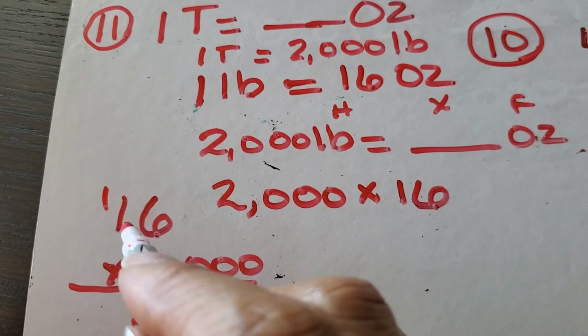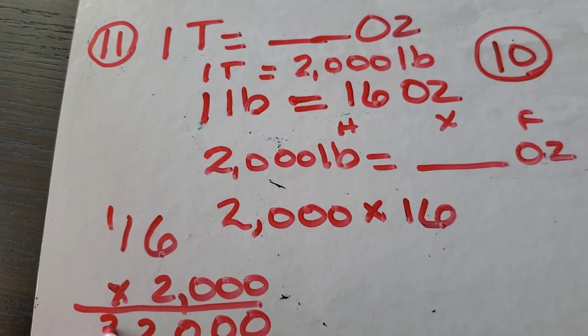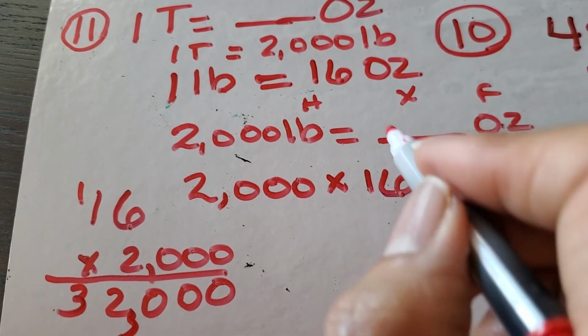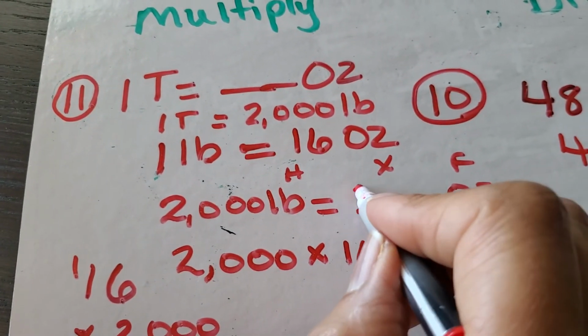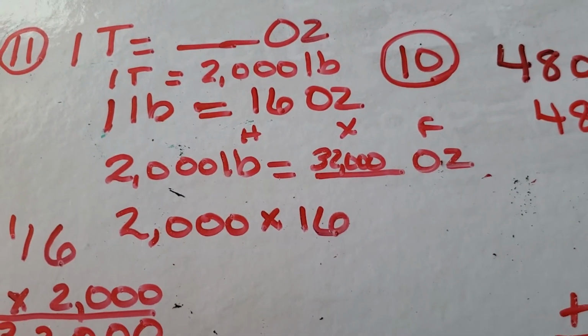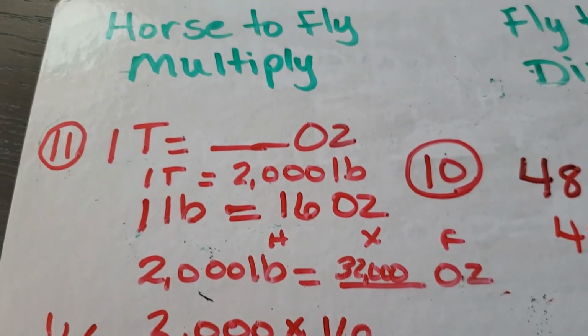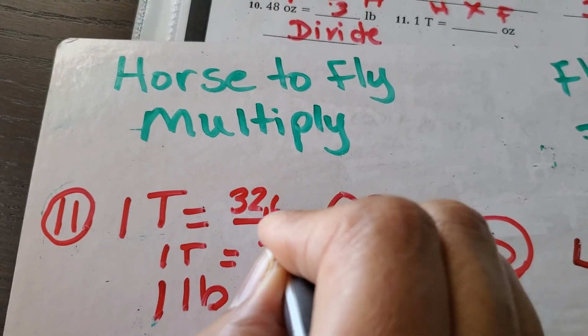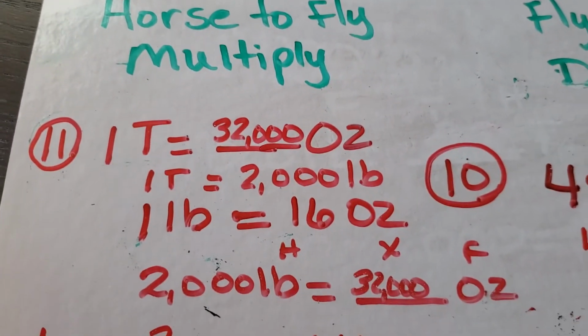Regrouping. 2 times 1 is 2, plus 1 would give me 3. So my answer is 32,000 what? Ounces. 32,000 ounces.